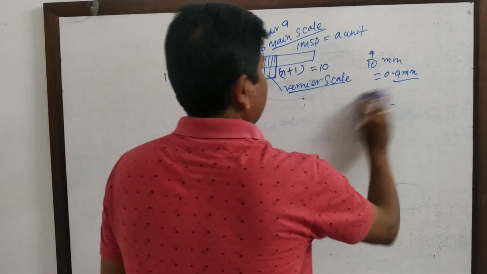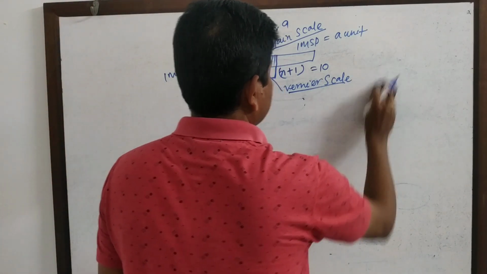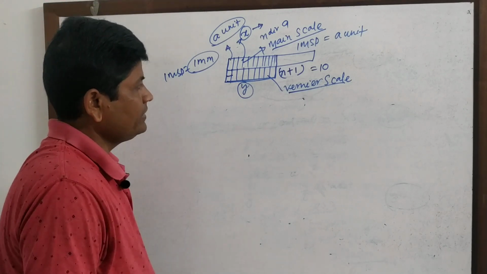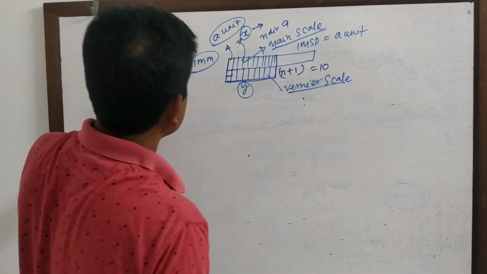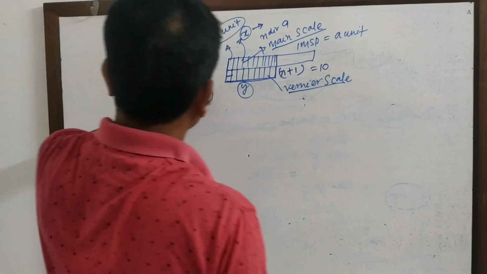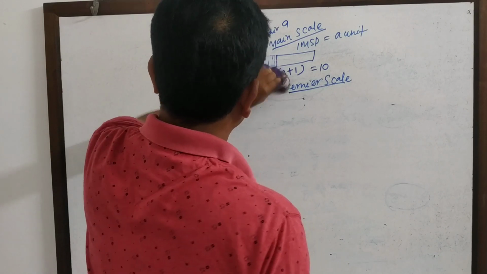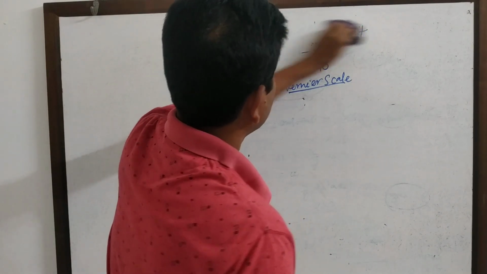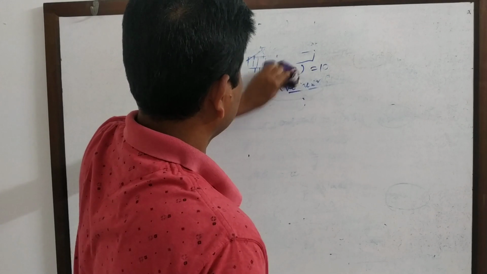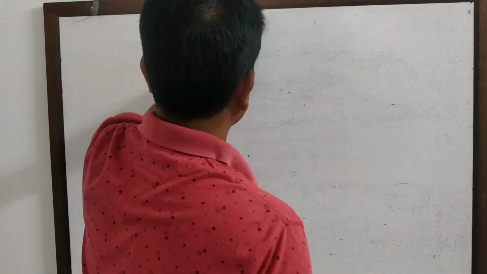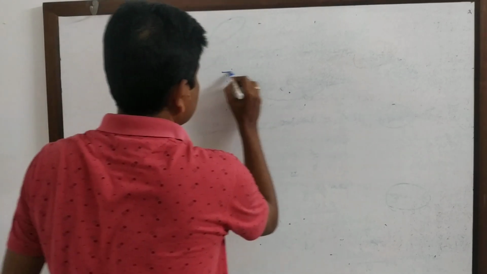In order to take the reading of the Vernier scale, what do we have to do? Let this be the main scale.